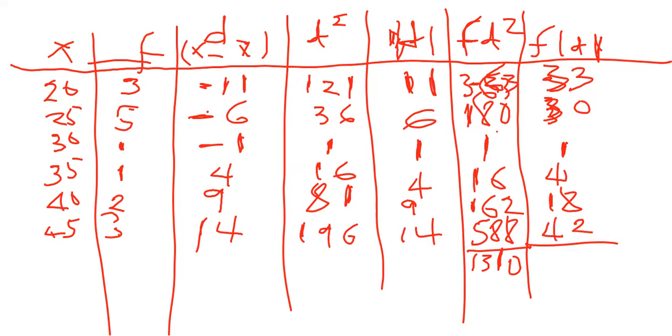So we add, what's the total now? 33 plus 30 plus 1 plus 4 plus 18, and then plus 42. What do you have? 128.